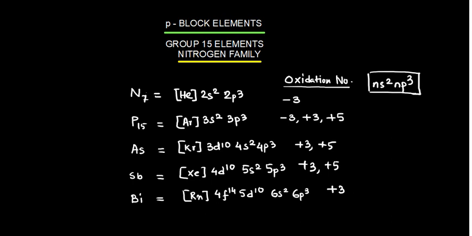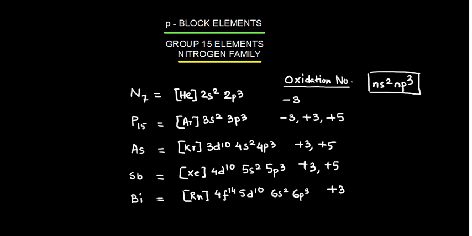Due to ineffective shielding, both the 6s and 6p electrons are tightly held, but 6s electrons are much more tightly held due to their higher penetration power. So if we combine these two effects, 6s electrons cannot take part in any kind of excitation and hence in any kind of bond formation.